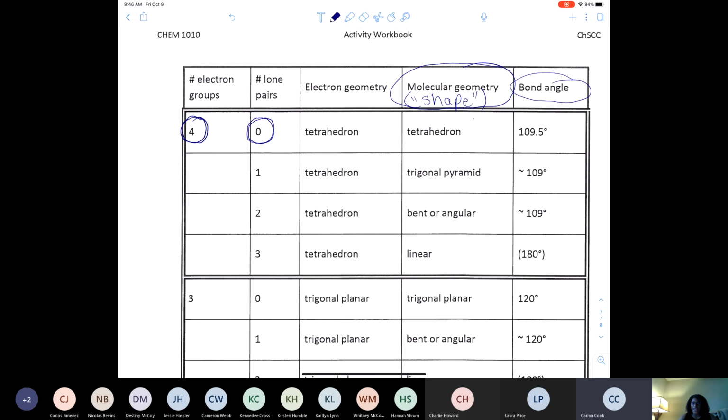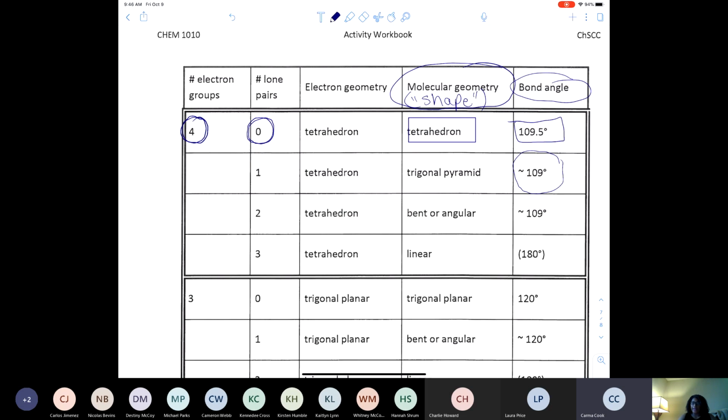So that means the shape of methane is tetrahedron, and its bond angle is 109.5. Whitney, I think you said 109, which is not quite correct.